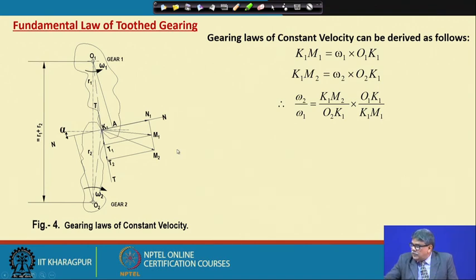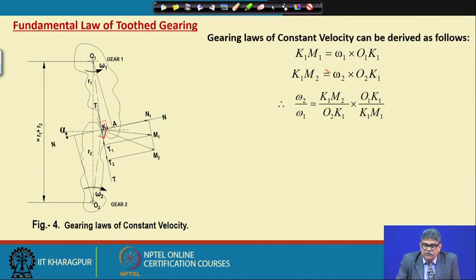Here I would like to mention that this angle is 90 degrees, as we are presenting it in this way. Although this is not proportionate, consider this is 90 degrees. Similarly, K1M2 for the rotation of gear 2 will be omega 2 into O2K1, and this angle is also 90 degrees.